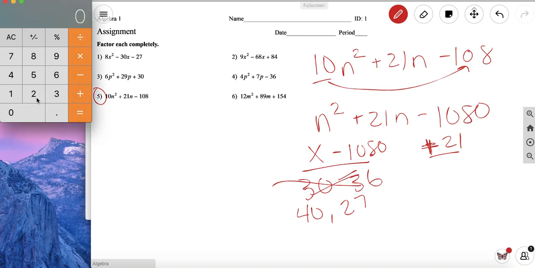There is not. Divided by 36, nope. Nope. 34, nope.